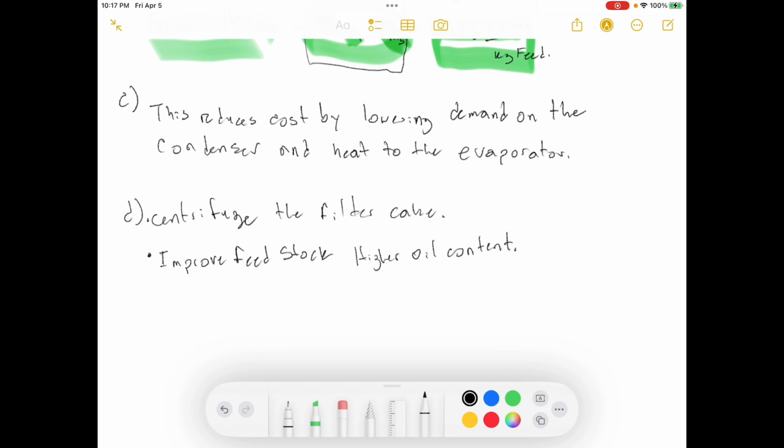Well, what if you found a new farm that produced beans with like 20% oil? Well, then you would be getting more oil out of the beans, right? And then you'd improve your yield, right? Okay. So that's another thing you could do, is find better quality feed.